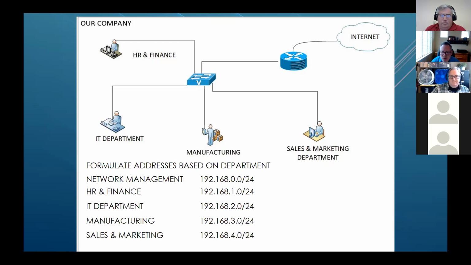Otherwise, if this is a switch, then everybody needs to be on the same subnet. Like everybody's got to be 192.168.0 dot something. Maybe they're the 0 net or the 1 net.